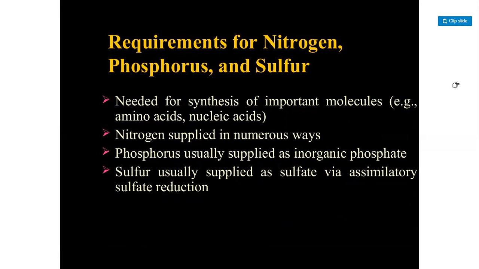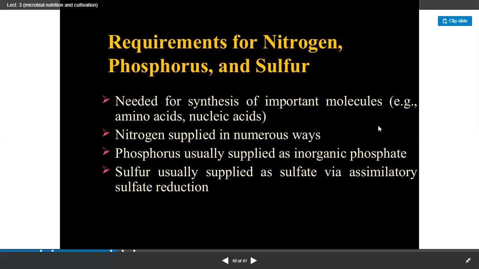What is the requirement of nitrogen, phosphorus, and sulfur, and why are they required? They are required for the production of some specific molecules such as amino acids and nucleic acids. Nitrogen is also supplied in various ways, such as for protein synthesis.